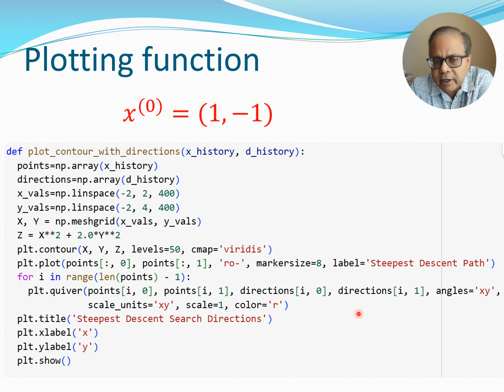So these are going to be actually vectors, so you can see that very soon. So that's going to come out very well. And then of course we plot the title, steepest descent search direction, we label x and y, and then we have to put plt.show to show this. Remember, again, plt is a shortened form of the whole matplotlib command.